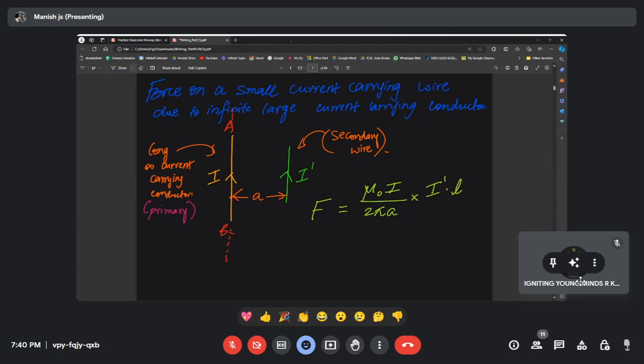So this is the formula to find the force experienced by a small current carrying wire placed at a finite distance from an infinite current carrying conductor.